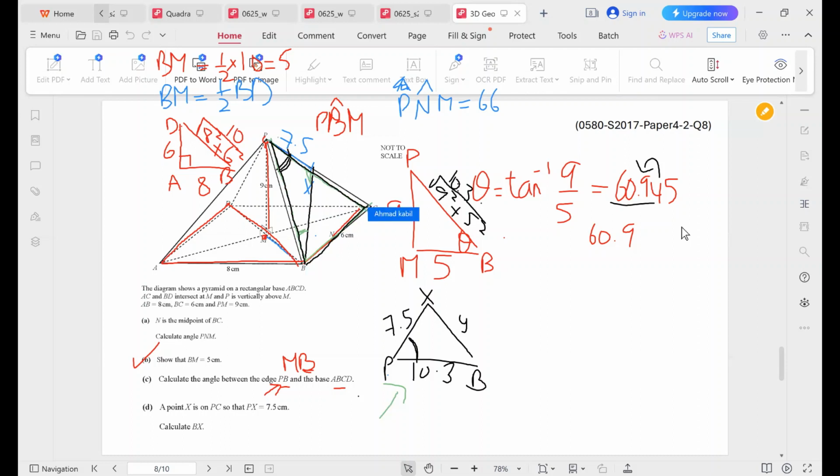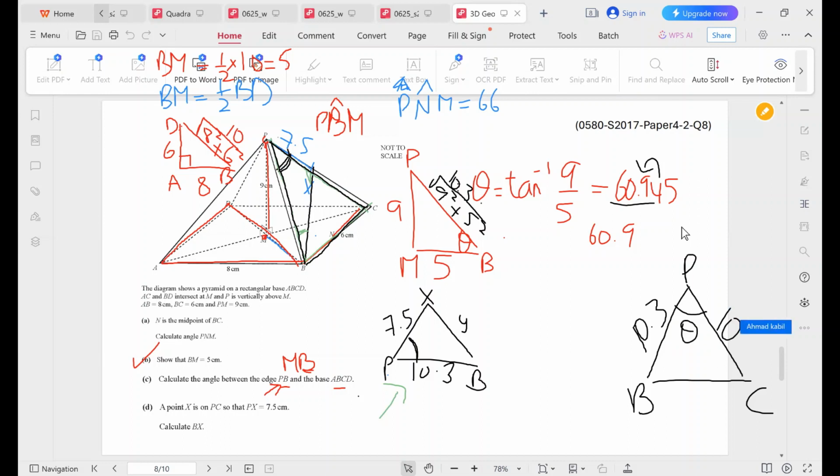So let's draw triangle PBC. And let's try to figure out how to use this triangle in order to get angle P. So let's call this theta. Now, we know that PB is 10.3. And using symmetry, of course, PC is also 10.3. And BC is equal to 6.